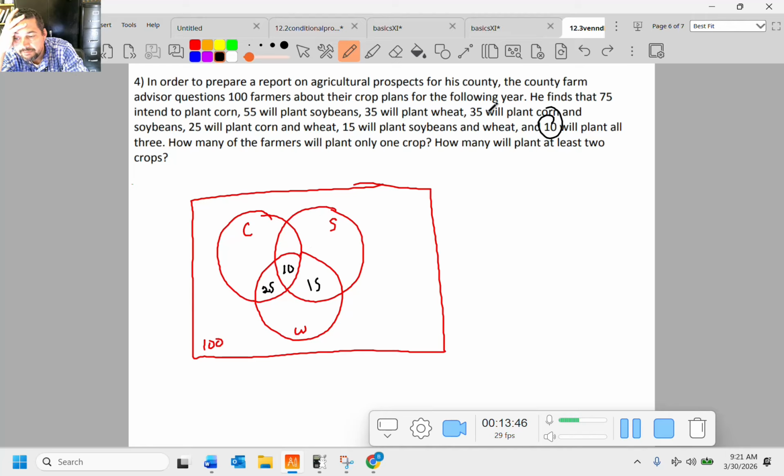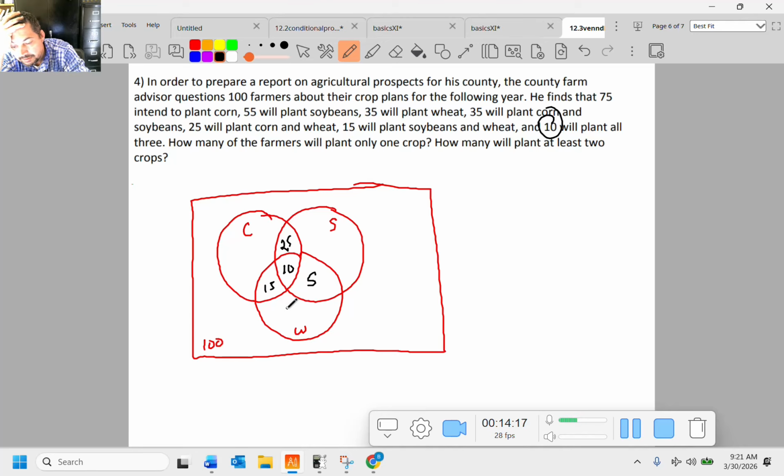So 35 plant corn and soybeans, 10's accounted for, that makes 25. 35 will plant wheat. We've got something going on here. It's because I made a mistake right here and right here, I bet. Let's go back. 15 will plant soybeans and wheat. 10 is accounted for. I need a 5 there. 25 plant corn and wheat. 10 is accounted for. 15.